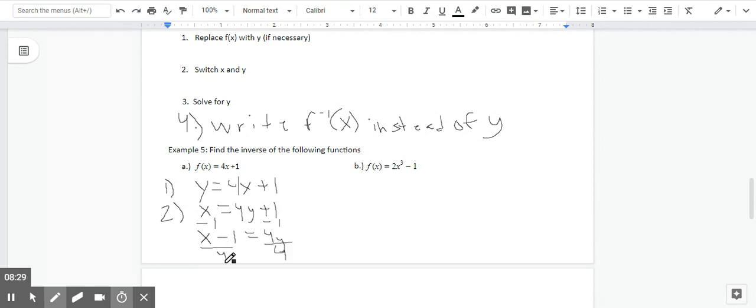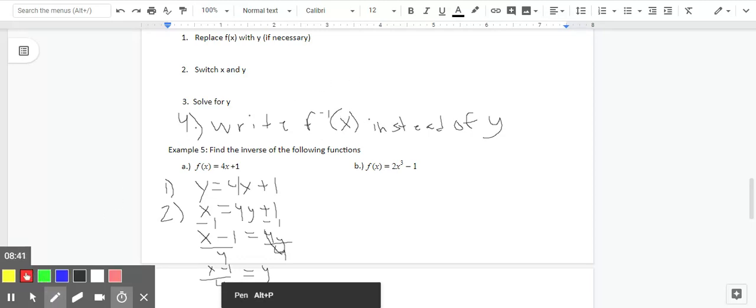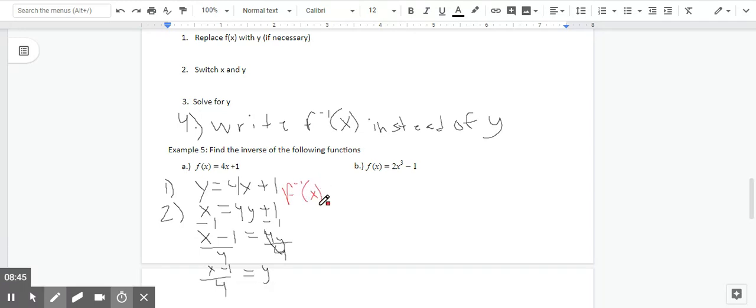I like to think of solving an equation like doing the reverse of PEMDAS, or order of operations. And then as our very final step, we are going to write the final answer as f inverse of x. So f inverse of x equals x minus 1 over 4. And there you have it.